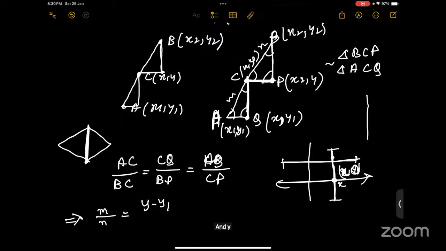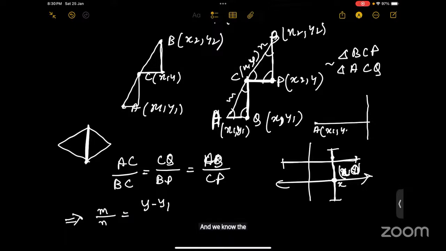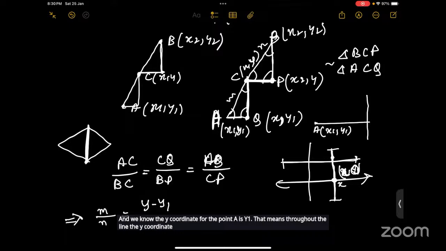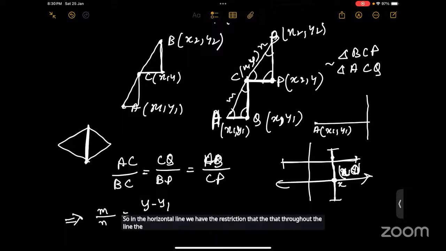Similarly, we are drawing a horizontal line which passes through the point A, and we know the y coordinate for the point A is y1. That means throughout the line, the y coordinate will remain the same. So in the horizontal line, we have the restriction that the y coordinate will be y1, and in the vertical line, the x coordinate will be x.